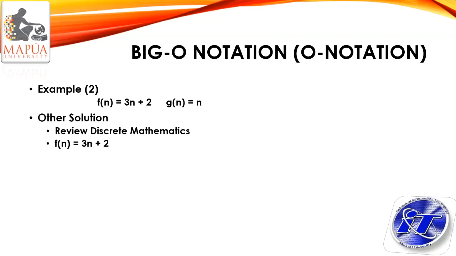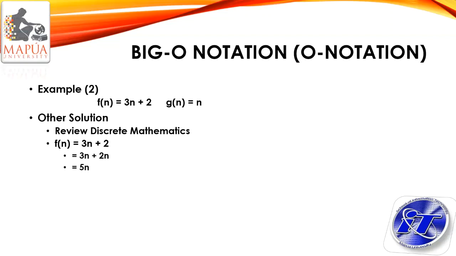Since we're talking about n, why not introduce n to your 2? When we introduce n to 2, it could be the same, am I right? Or it could be bigger when n increases, so there's no problem. So 3n plus 2n, which is 5n.